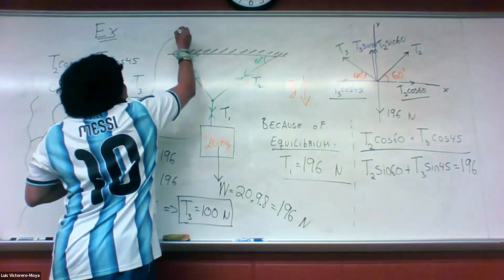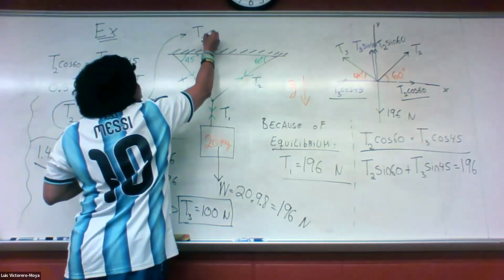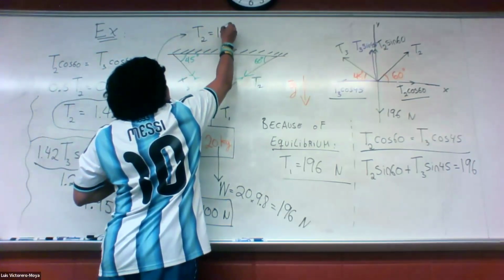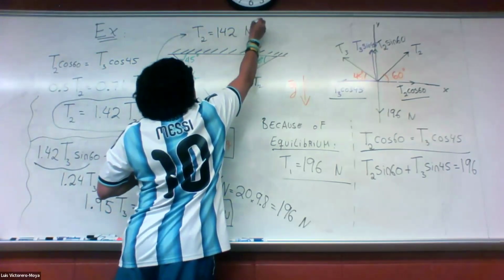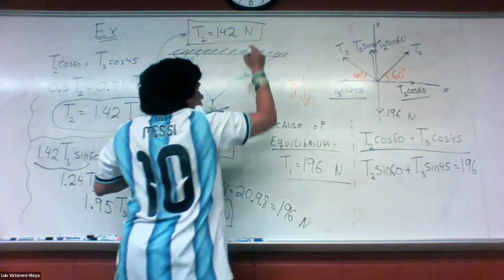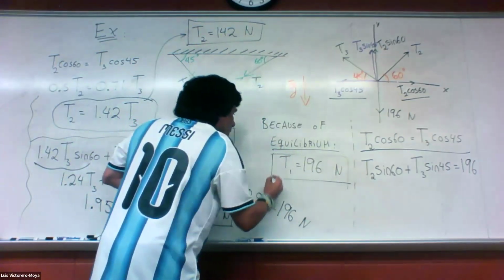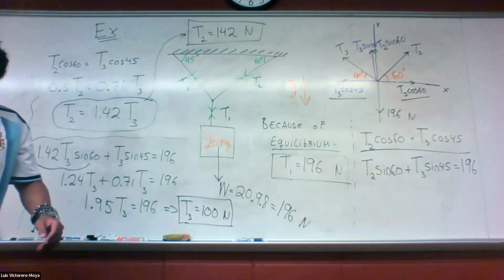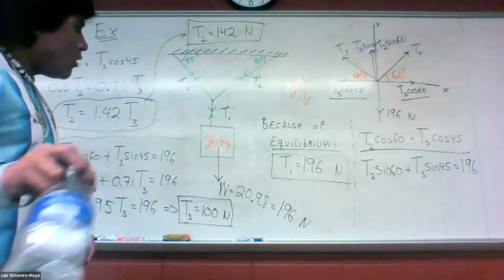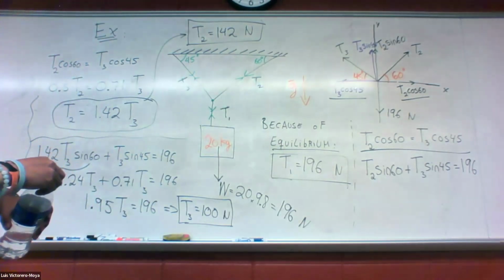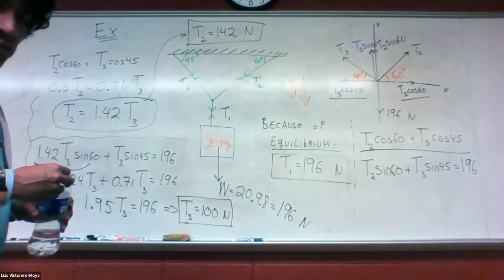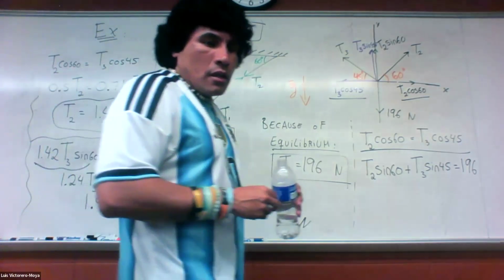So here, T2 is 1.42 times 100, 142 newtons. So T2, T1, and T3. That's the first example of using free body diagram, forces, and equilibrium.